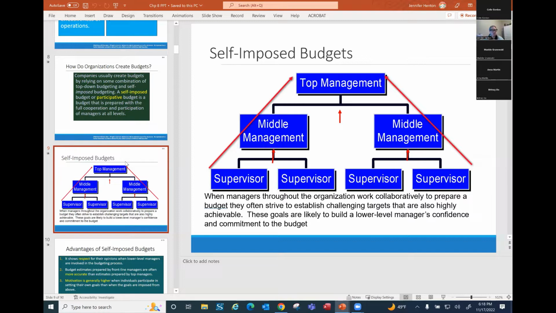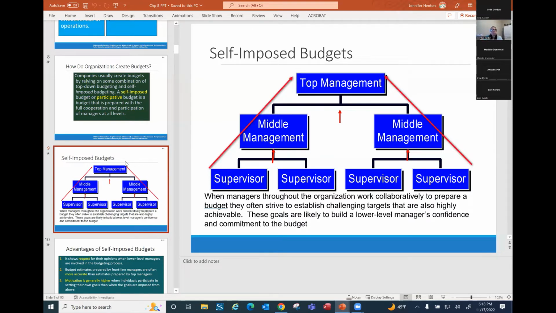The people at the supervisor level are going to give you input, and maybe that input goes to their manager, the middleman, who looks at it, gives their input, and may tweak it a little bit, and then it goes to upper management at that point.